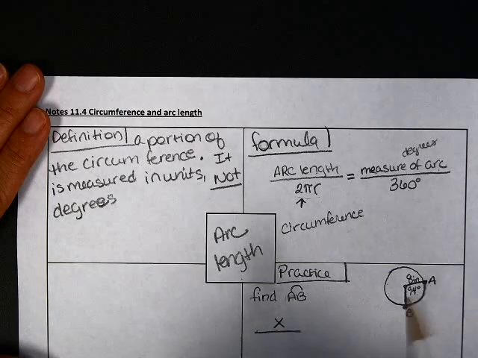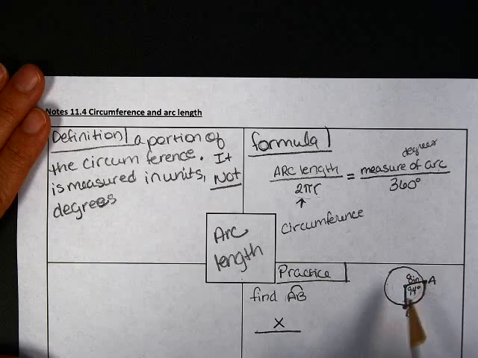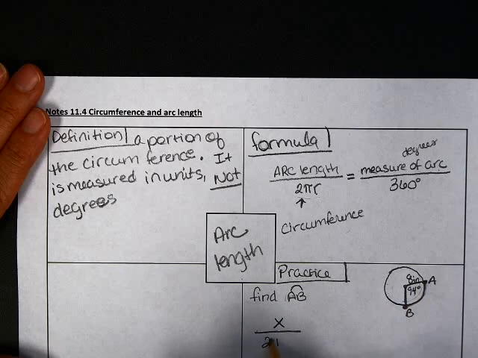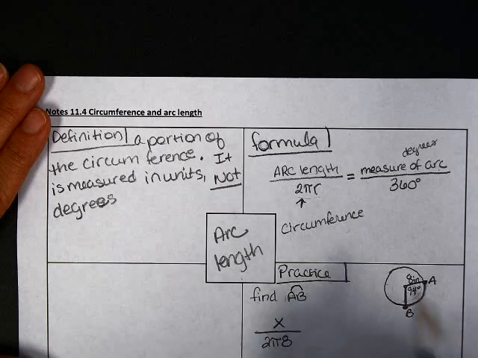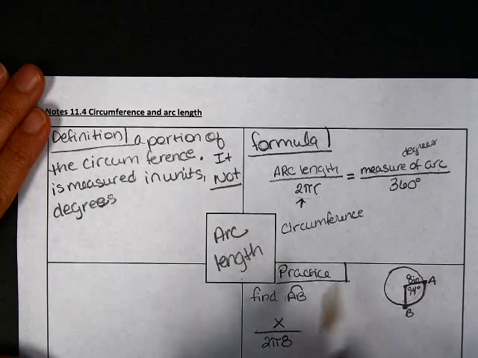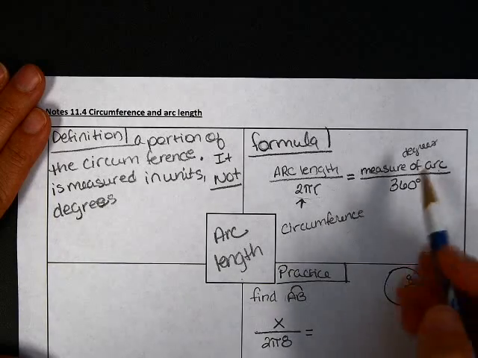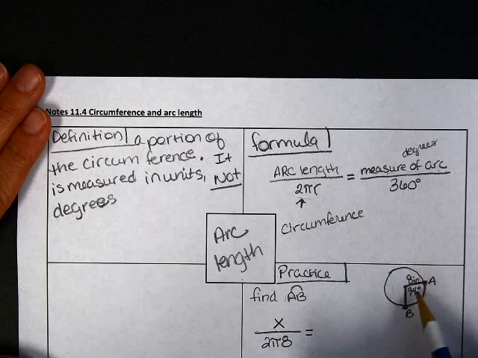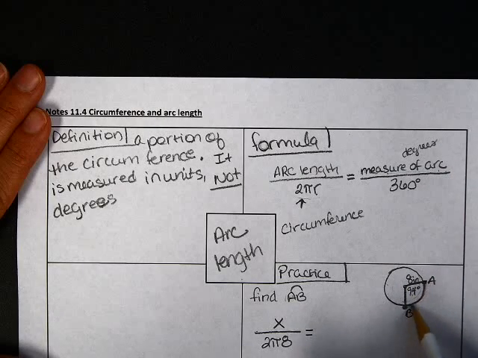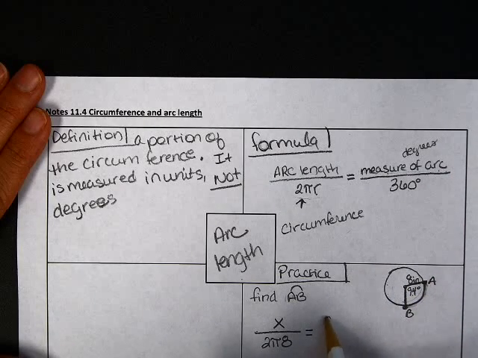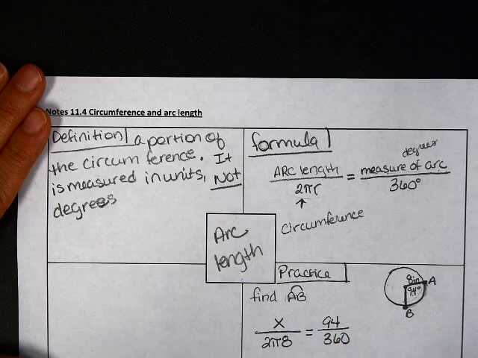And the circumference of this circle is 2 pi 8, because our radius here is 8. The measure of the arc is the same as its central angle, so its measure is 94 out of 360 degrees possible.